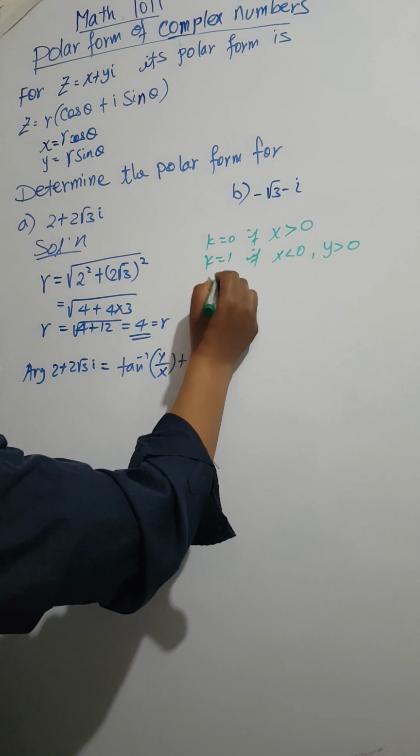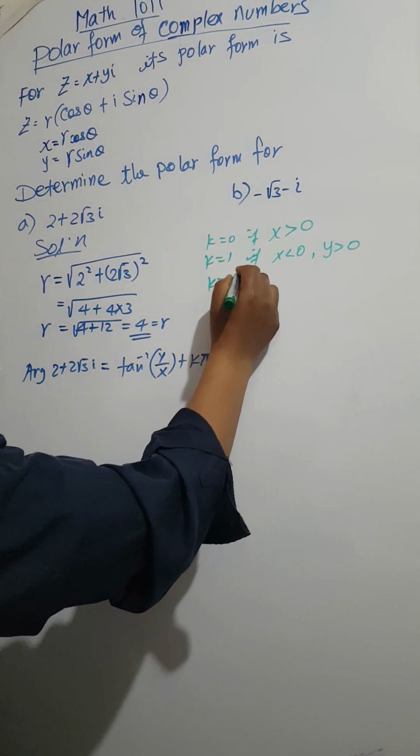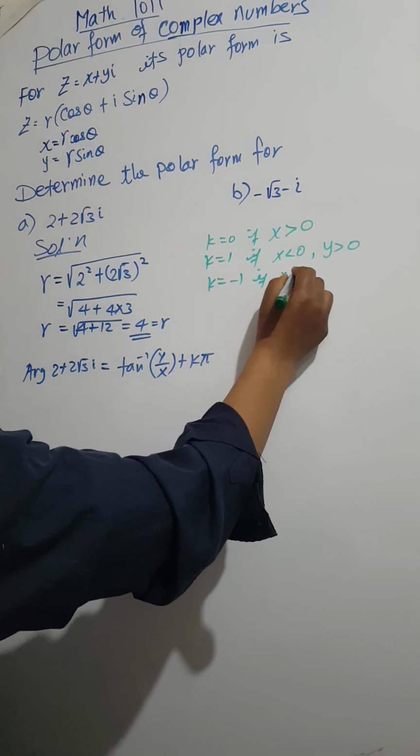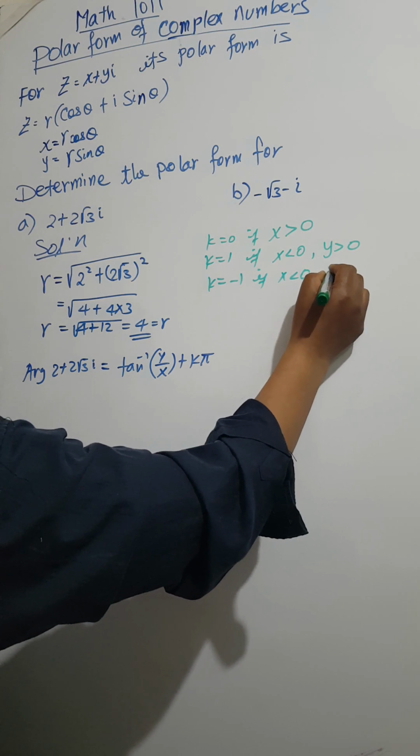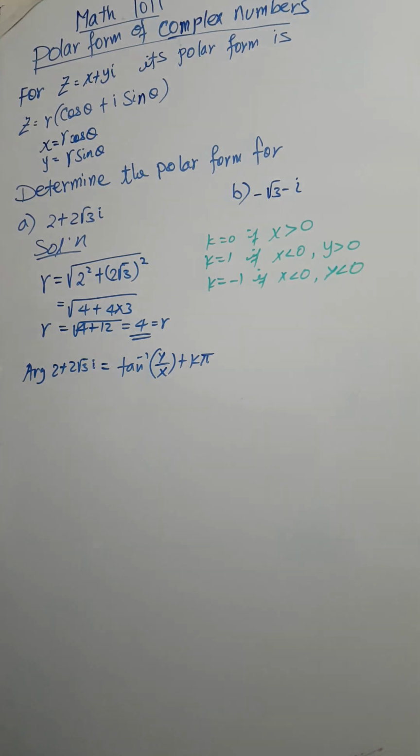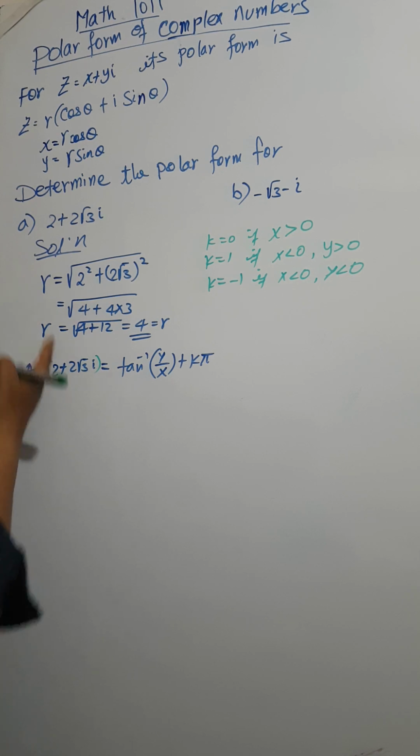The third condition: k is equal to negative 1 if both the real and the imaginary parts are less than 0.